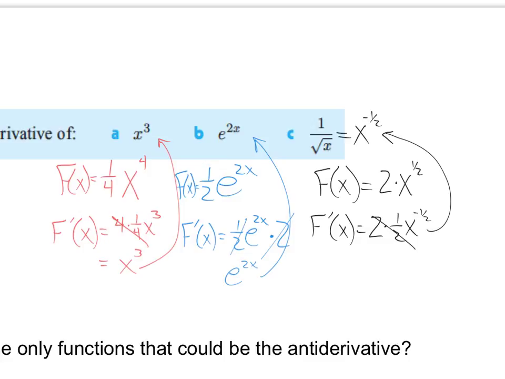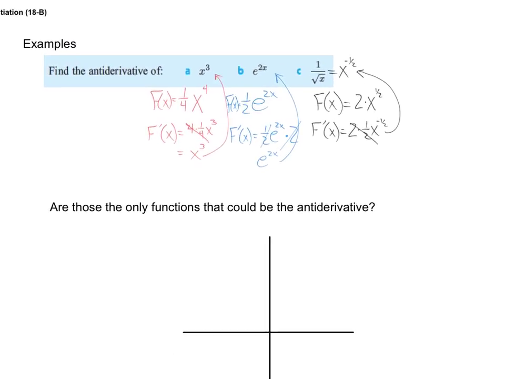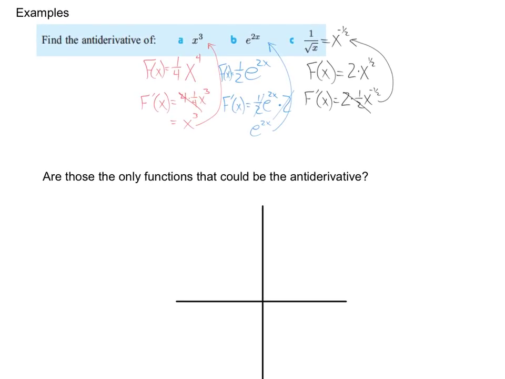However, as we already addressed, that's not going to be the only possibility. Just using the first one here as an example, if I have 1/4 x to the 4th, that's going to be at, oh wait, nope, it should be a lot wider.